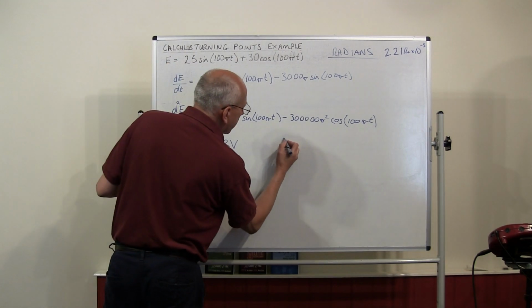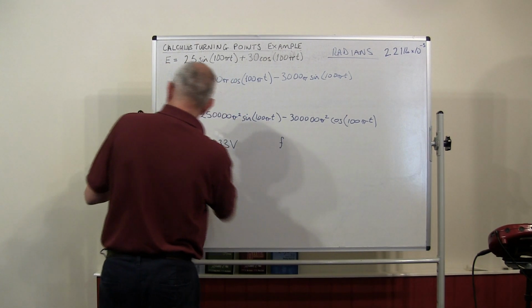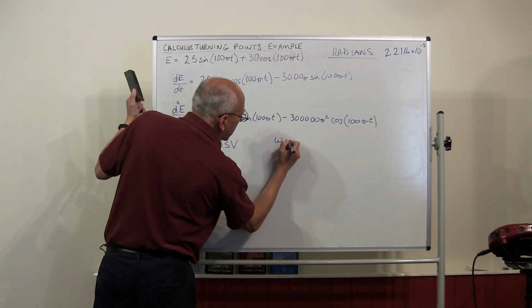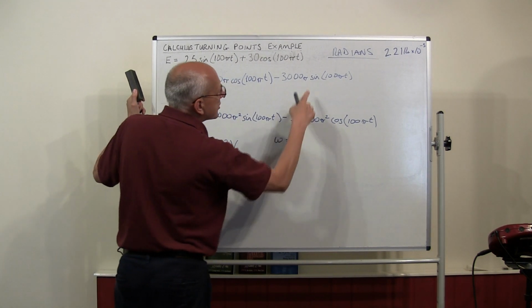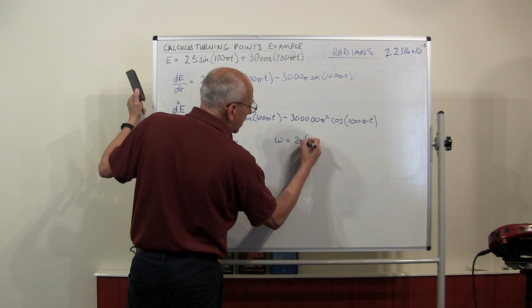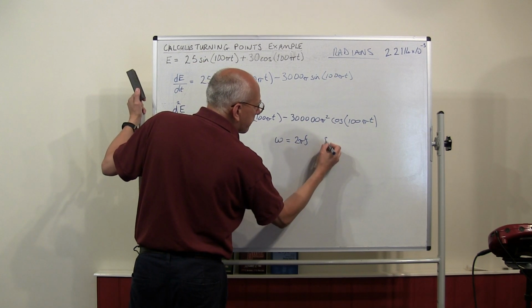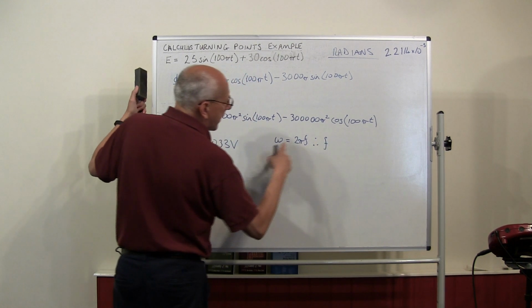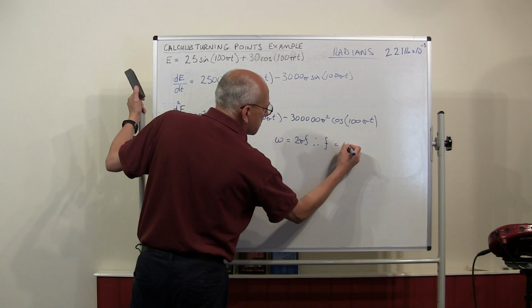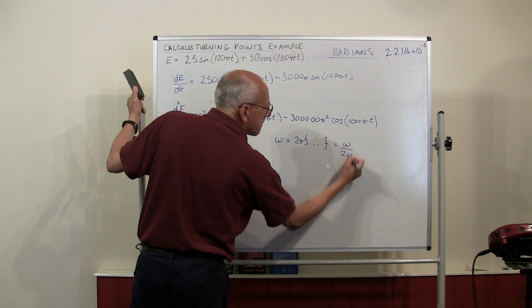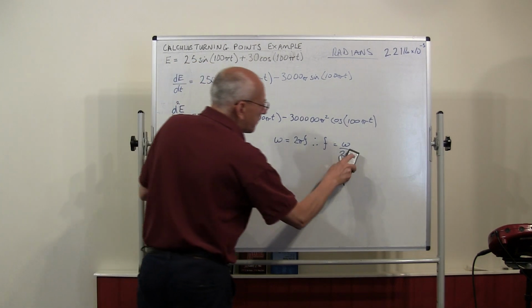So frequency is found from, let's start at the beginning, omega, angular frequency, which is equal to 2 pi f, and we want f. Therefore f is equal to omega divided by 2 pi, just that rearranged.